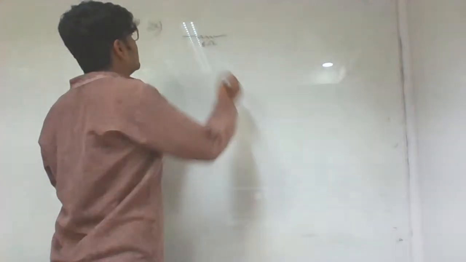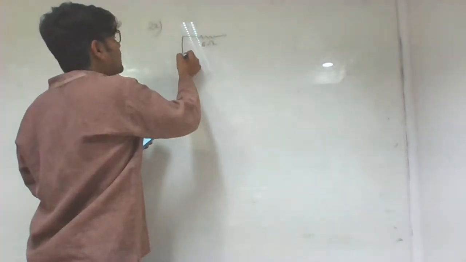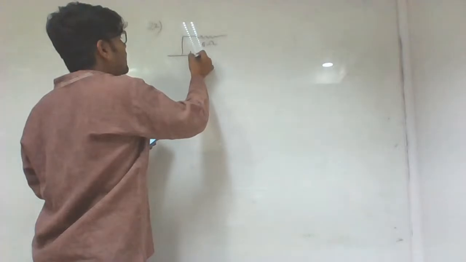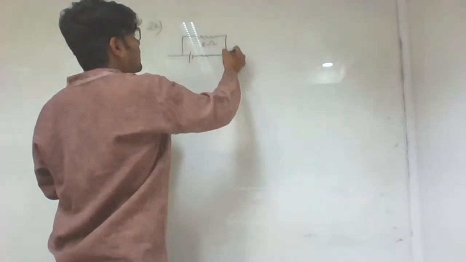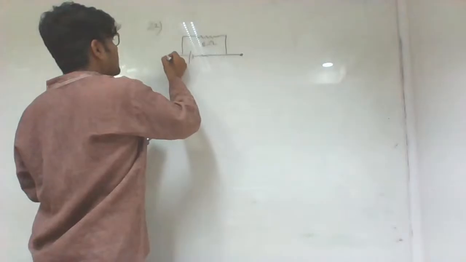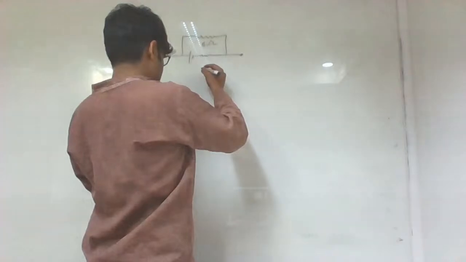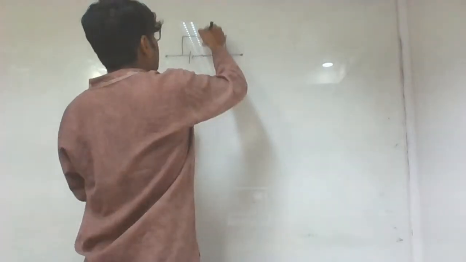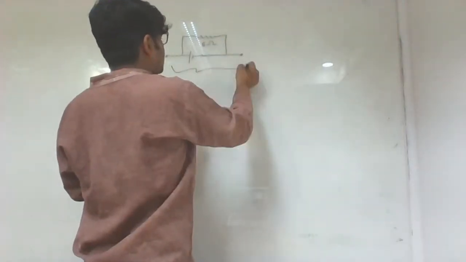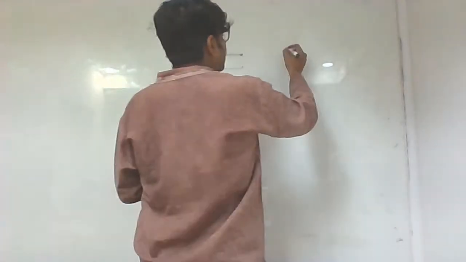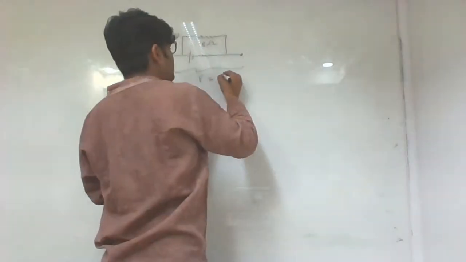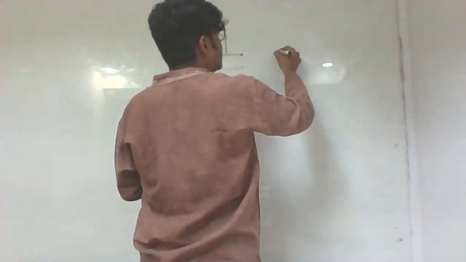Okay. 8 ohm. So let's say this is V, which is some 3x, proportional.